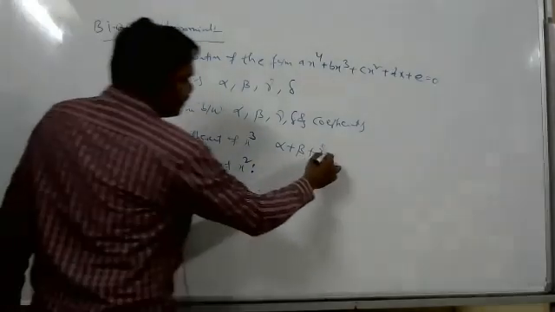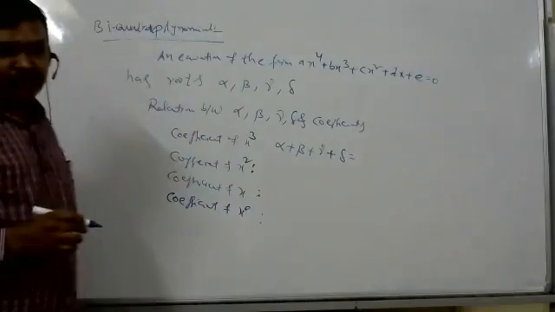Alpha plus beta plus gamma plus delta is equal to minus b by a.